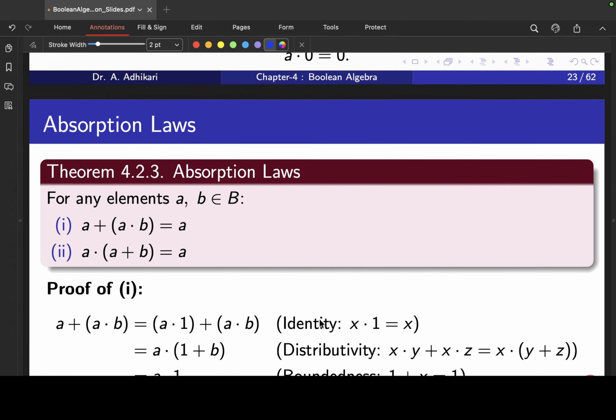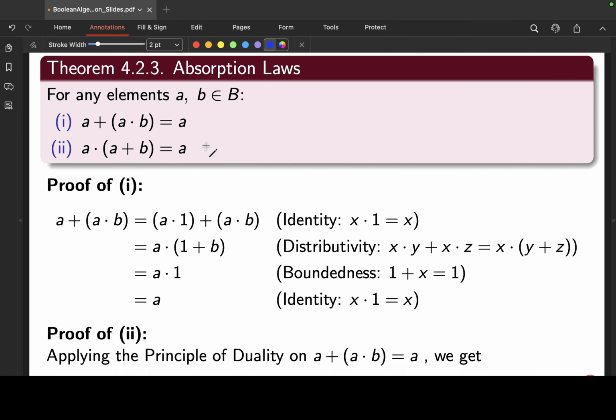Next theorem, absorption laws. For any elements A, comma B belongs to Boolean algebra B. Number 1, A plus bracket A dot B equal to A. Number 2, A dot bracket A plus B equal to A. Proof of 1: A plus bracket A dot B. Now we write A equal to A dot 1 by identity, and A dot 1 plus A dot B. Again applying distributivity, A dot bracket 1 plus B, because x dot y plus x dot z equal to x dot bracket y plus z.